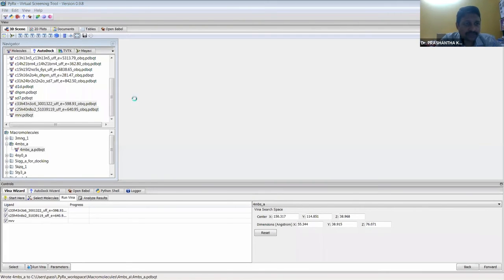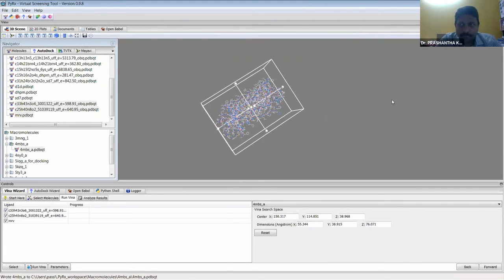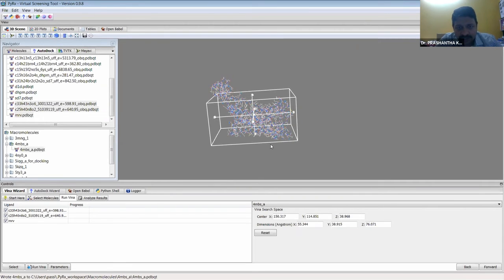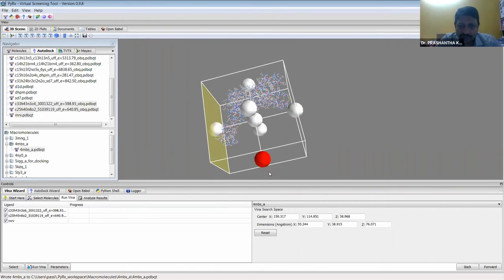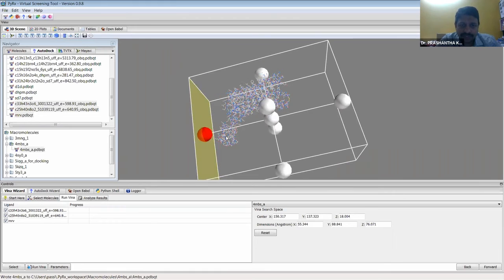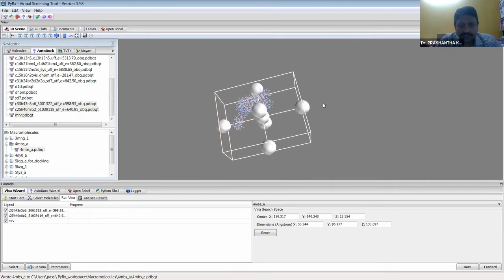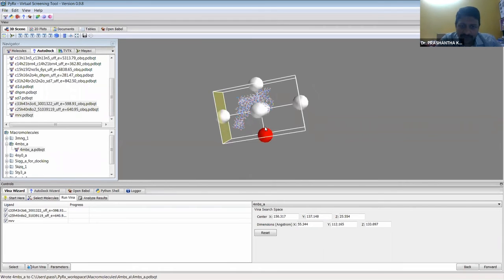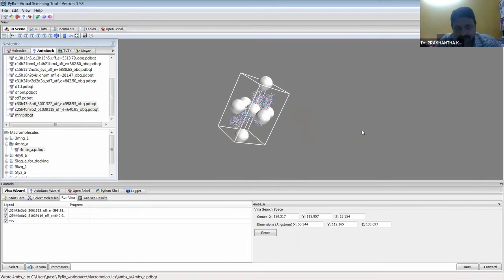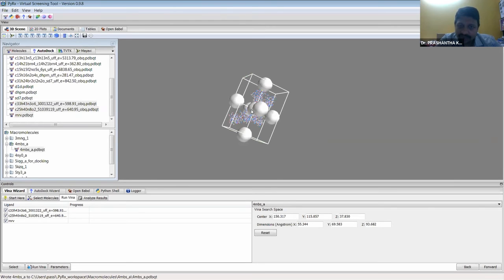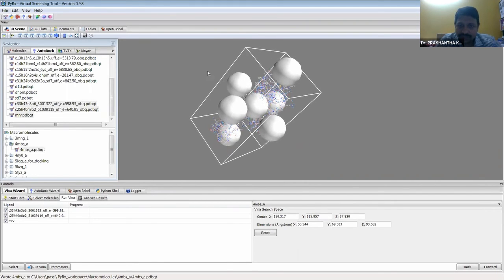If I click this full screen, if I have another chain present here, our grid box becomes too big, something like this. Then the interaction of the ligand becomes slightly difficult. The assumption here is, since A chain and B chain are identical, the way the ligand interacts with the A chain will remain the same for the B chain. That is why we take only A chain.